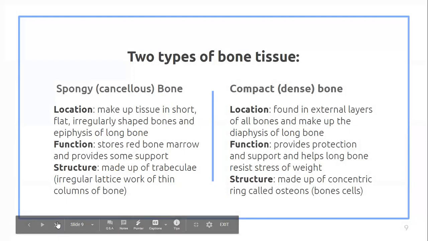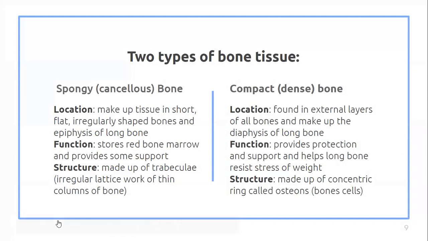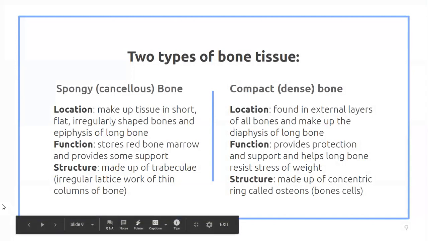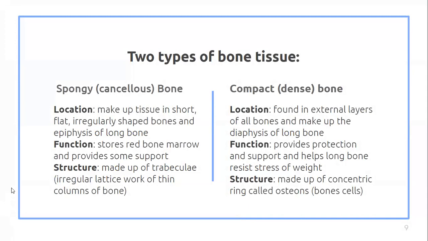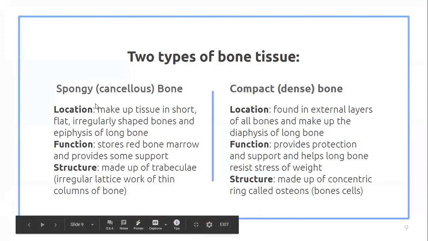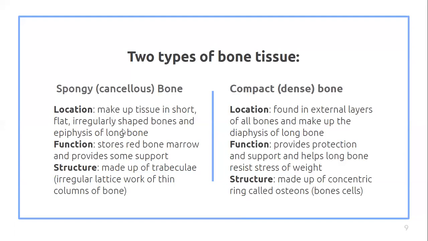And there's also 2 types of bone tissue. You can really classify bones because there are so many different kinds. First we have spongy, which is also called cancellous bone. Either term is fine. These are located in long bones. They make up tissue in short, flat, irregularly shaped bones, and they're in the epiphysis of long bone.